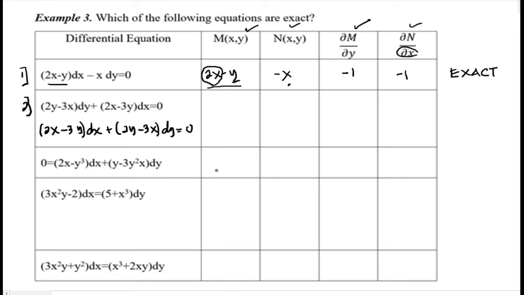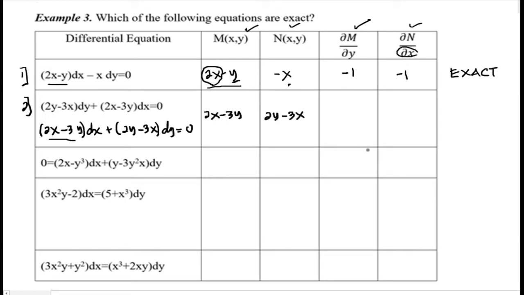This is very important, to write the equation into standard form such that we will not be confused about the value of M and N from this equation. So from here, this is our value for M, that is 2x minus 3y. Then, the second term contains our value for N, that is 2y minus 3x.